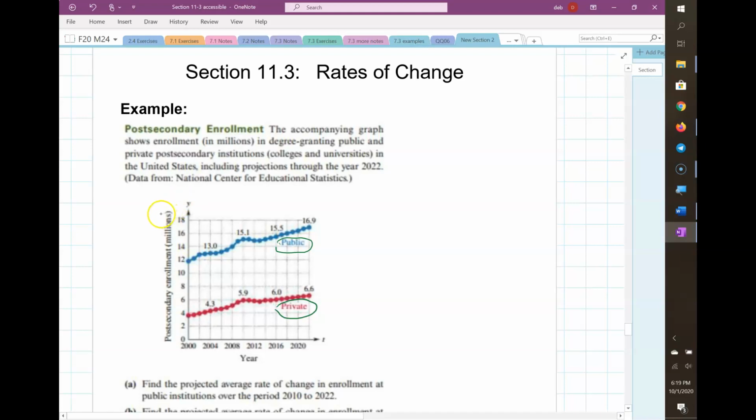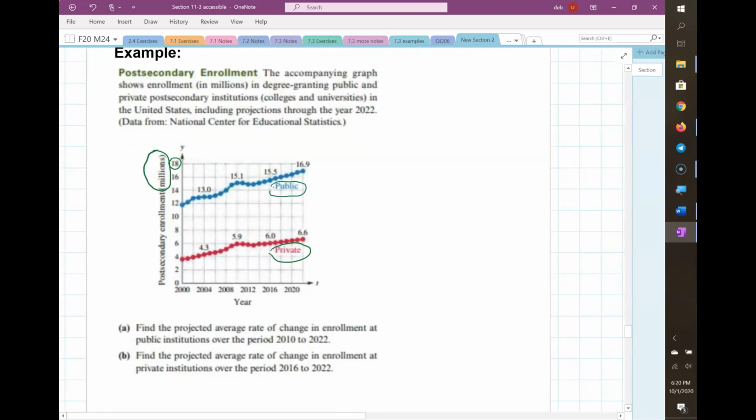And notice the enrollments are in millions. So if you get a number of 18, it's 18 million. So we're first asked to find the average rate of change over the period from 2010 to 2022.